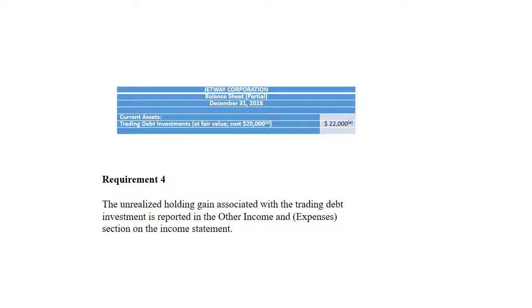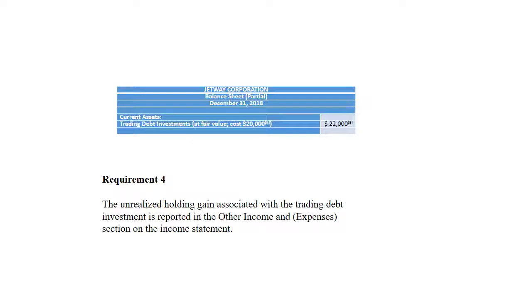In step 4, I already answered this for you, but once again, the unrealized holding gain or loss associated with the trading debt investment, that's that $2,000 from that last journal entry on December 31st, is reported in the other income and expense section on the income statement. Okay, so that's how you handle some transactions when you're buying debt and equity investments and they're classified as trading.